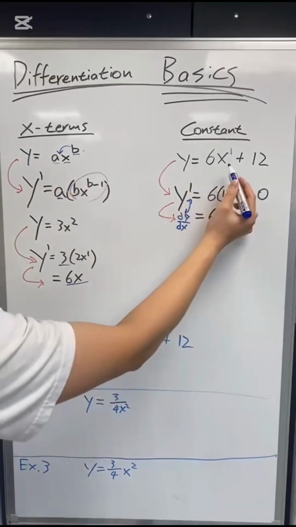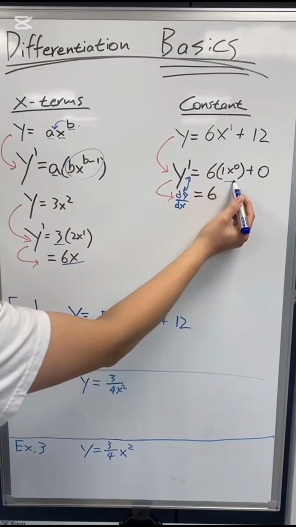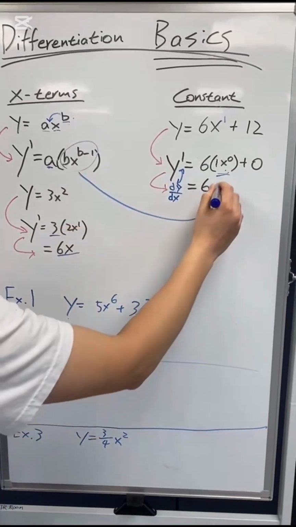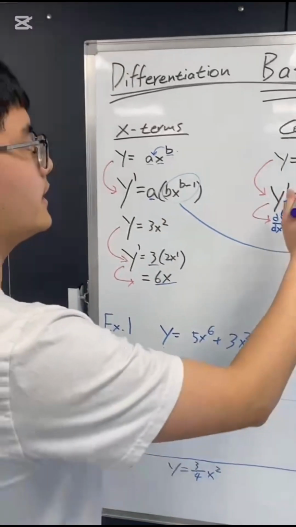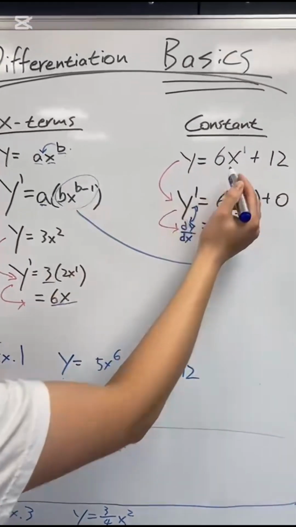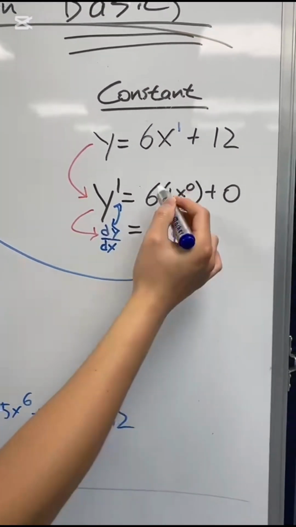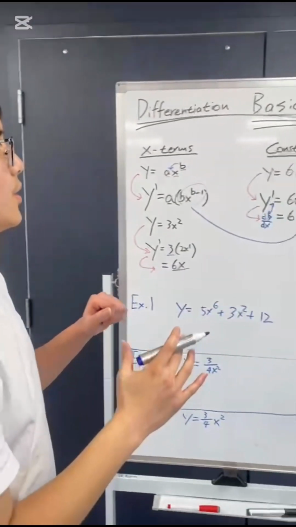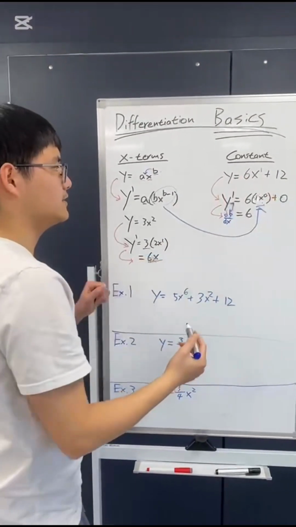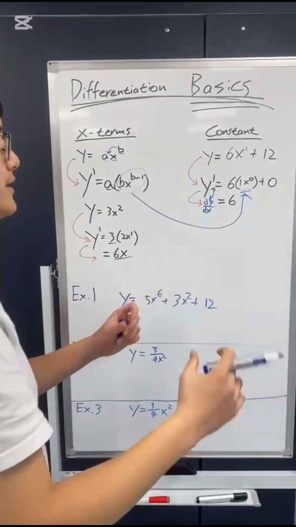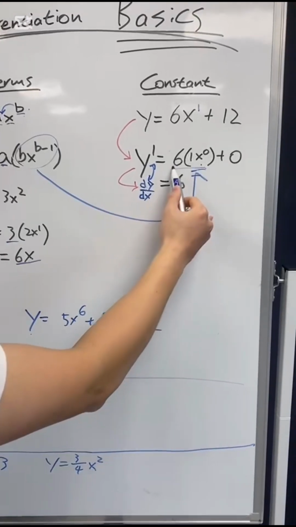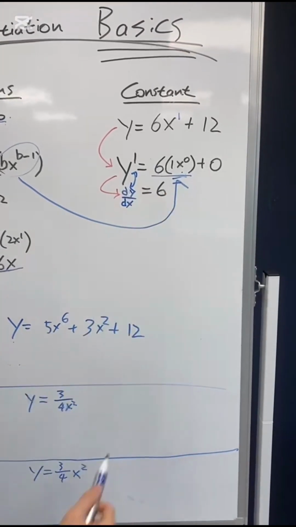And 1 is brought down in front of x, so that's what we got in the bracket by using this formula. And we leave the 6 in front of the brackets. So in the brackets we get 1 times x to the power 0. x to the power 0, however, is 1. 1 times 1 is 1. So that term overall would be 6.